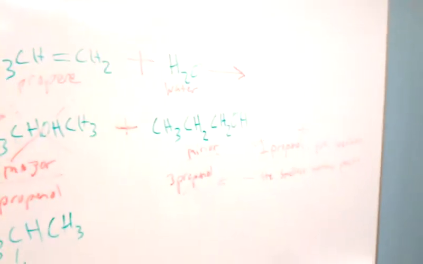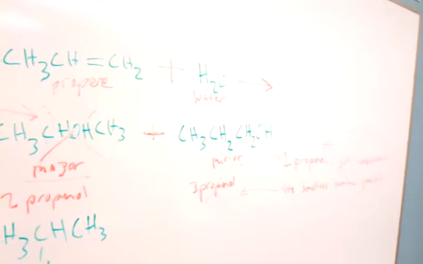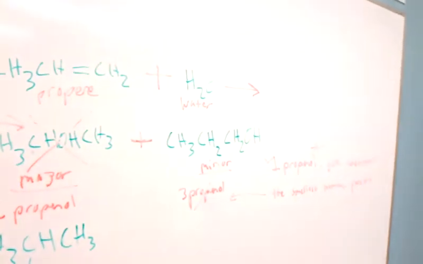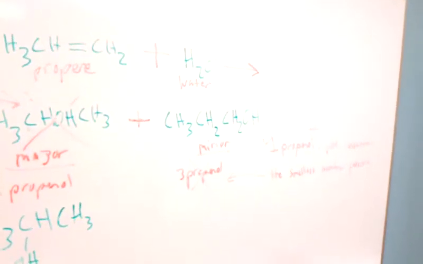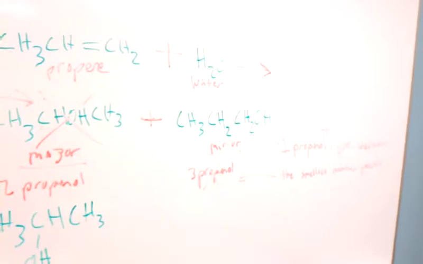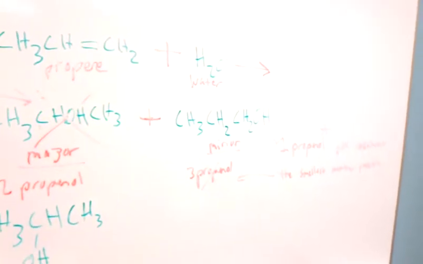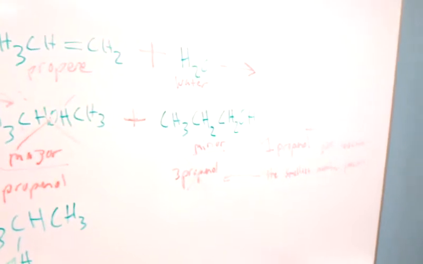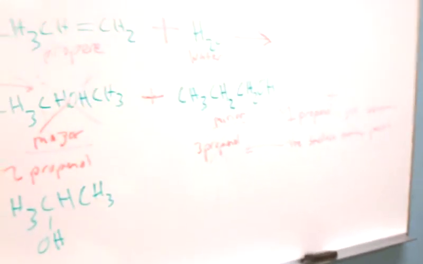The minor product has the negative part of the water bound to the carbon with the most hydrogens bound to it, and the positive part of the water is bound to the carbon with the least amount of hydrogens. So it's just the reverse of the major product.